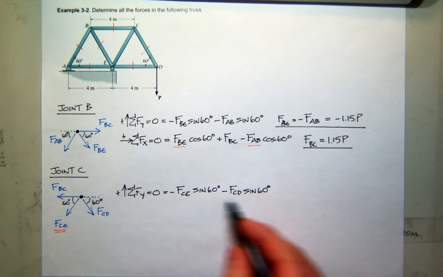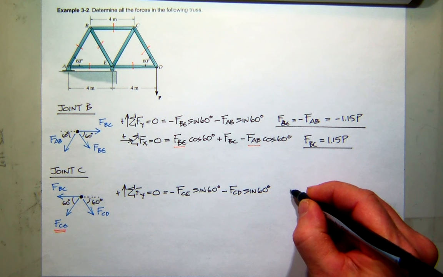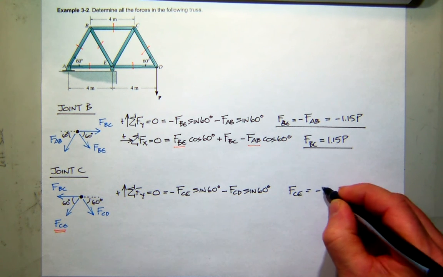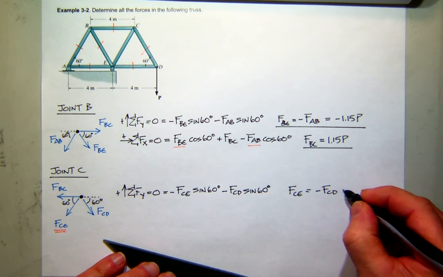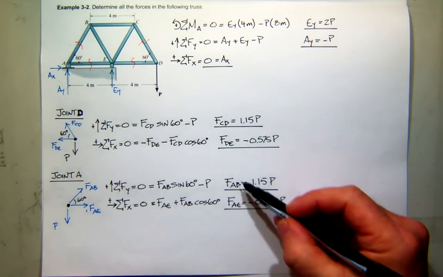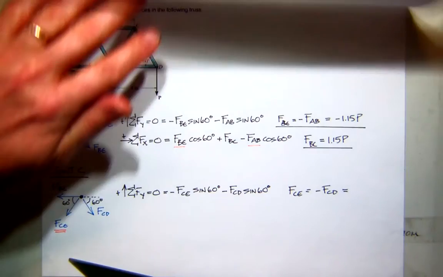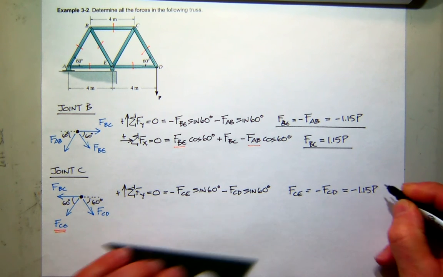Now this one I can divide through by sine, and I'm trying to find CE, so it looks like FCE is equal to minus FCD. And what's FCD? Let me flip back. CD, we found it right at the beginning, 1.15. So this should be minus 1.15P.